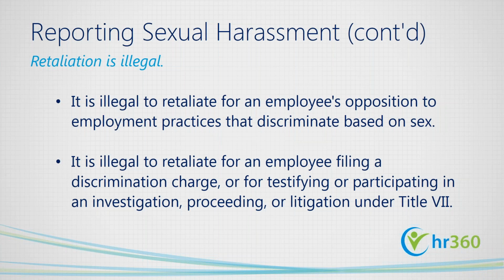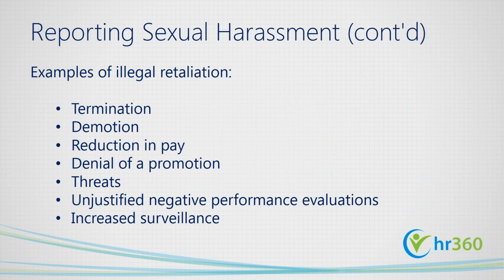Now, going on to the next slide, what are some examples of illegal retaliation? Termination, demotion, reduction in pay, denial of a promotion, threats, unjustified negative performance evaluations, increased surveillance.